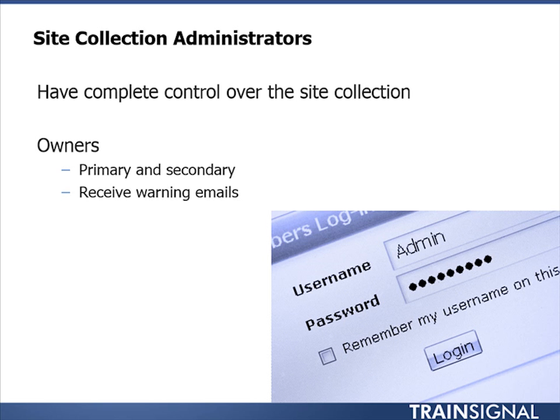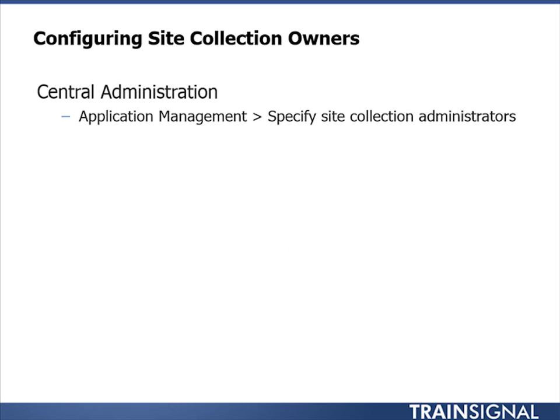Now, as far as my owners go, I'm only ever allowed a primary and a secondary, but for site collection administrators, I can create as many as I might need. Now, to create your owners through the UI, this is going to be done inside of central administration. I'll go to Application Management and then go to Specify Site Collection Administrators.